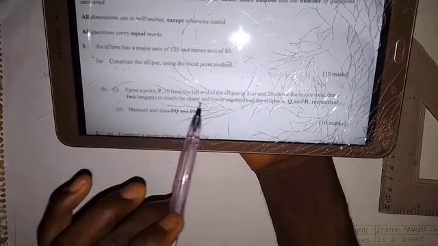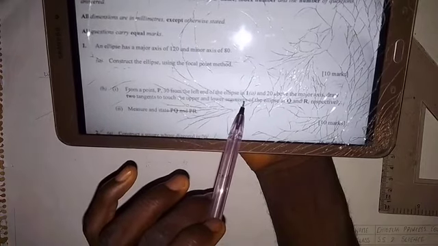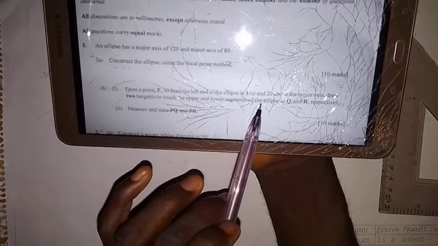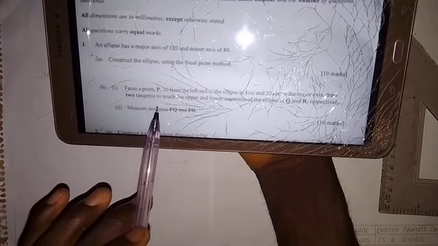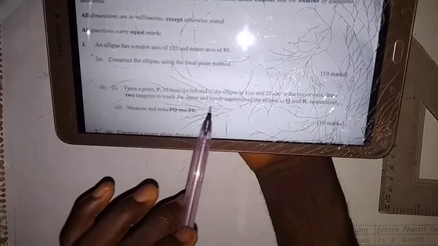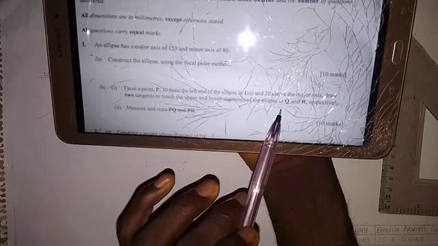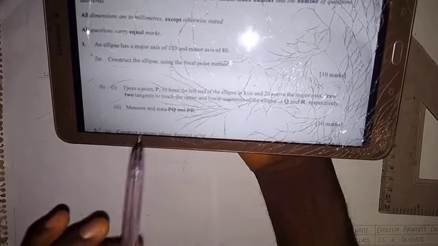So we now move to question B, Roman figure 1, that says that from a point P, 30 from the left end of the ellipse in question 1A and 20 above the major axis, draw the two tangents to touch the upper and lower segment of the ellipse at Q and R respectively.